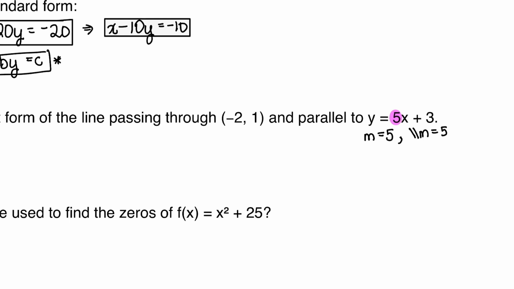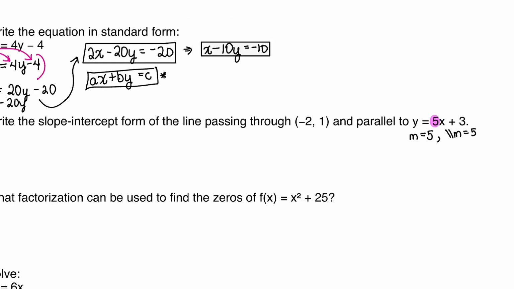The rest of that equation is now irrelevant. We want the slope-intercept form, so we're going to write y equals mx plus b. Our parallel slope is going to be 5, and then we can use negative 2 for our x and 1 for our y. So now solving for our y-intercept, this is what this is going to look like.